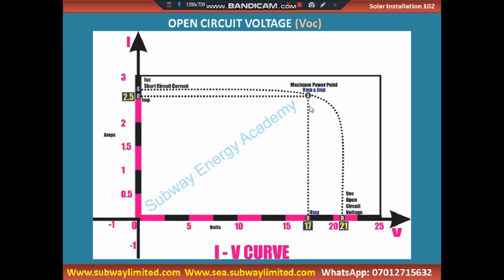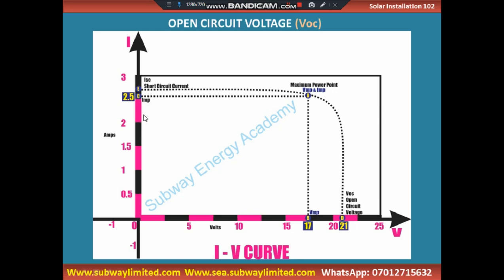And we talked about the current at maximum power. You have to equally know that this is always less than the short circuit current. Current at maximum power is also less than short circuit current.